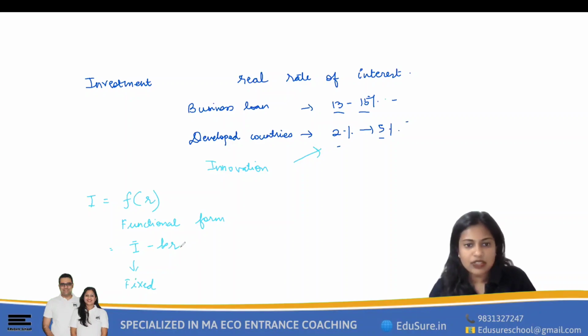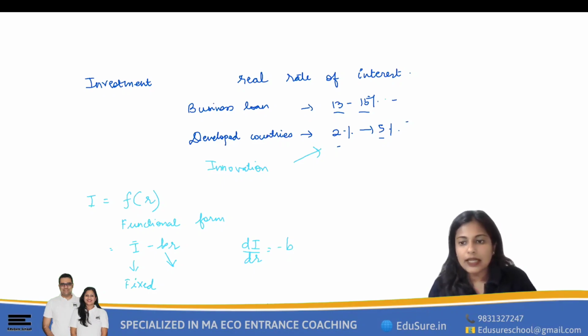R is the real rate of interest and B is the coefficient of investment with respect to the rate of interest. You can call this the multiplier. So dI by dR is actually minus B. So B is the multiplier.